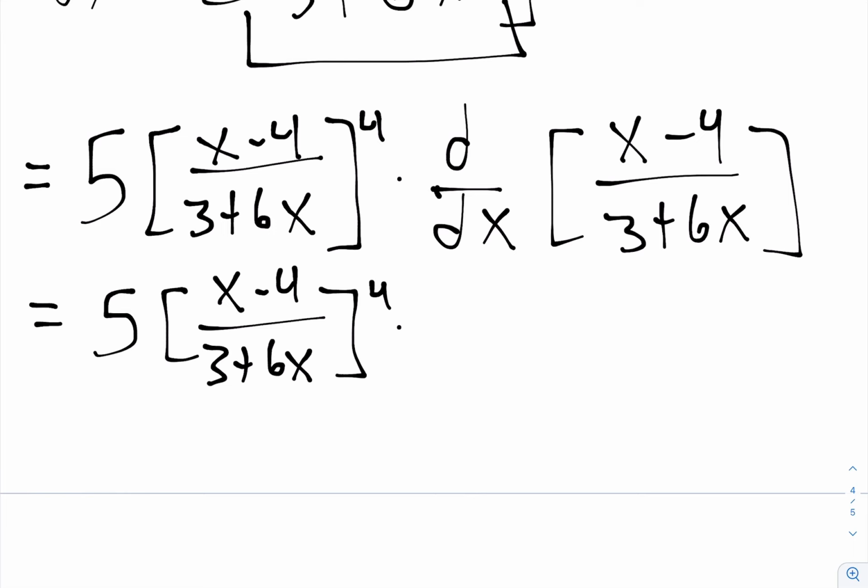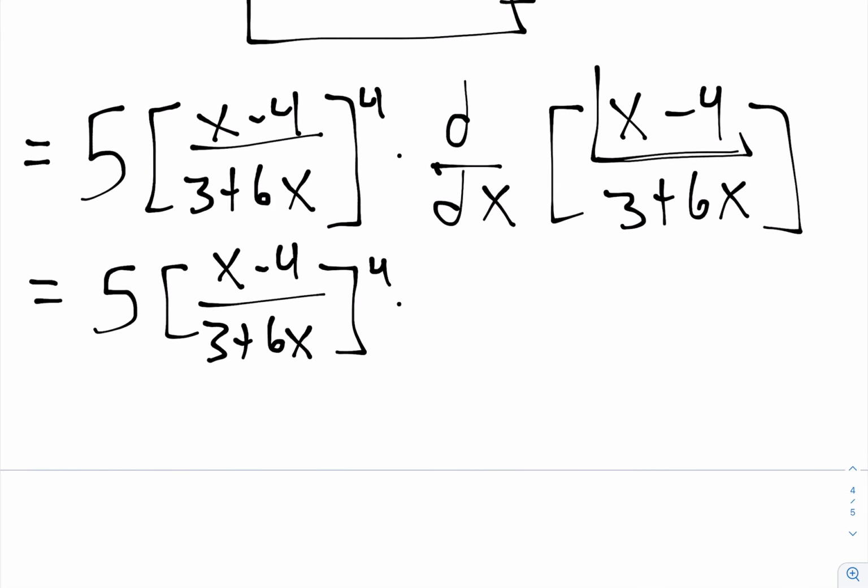So if we have two functions, x minus 4 being divided by 3 plus 6x, that means that the derivative of that quotient is going to be the bottom itself times the derivative of the top, minus the derivative of the bottom times the top, all divided by the bottom squared.